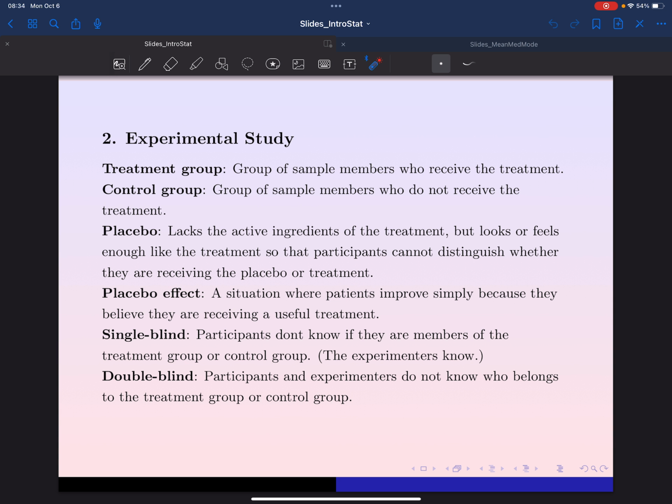Now, an experimental study can be single blind or double blind. Single blind means participants do not know if they are members of the treatment group or control group. So participants do not know if they are receiving the treatment or not. And double blind means participants and experimenters do not know who belongs to the treatment group or control group.